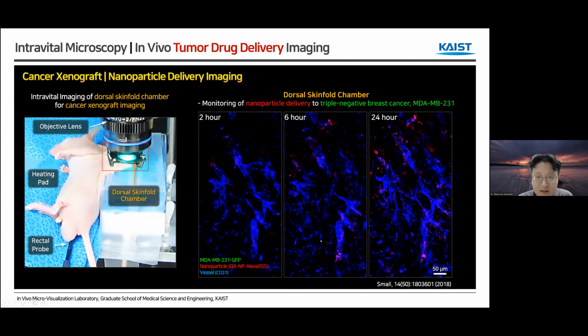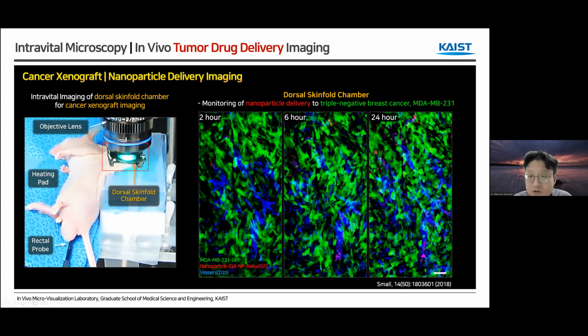And then let me remove the green color here. At 2 hours, we don't see many nanoparticles inside the tumor vessel. At 6 hours, now we can see an increase of the nanoparticle, but they mostly stay inside the vessel. But finally, at 24 hours, we can see even more nanoparticles, and many of these nanoparticles got out of the blood vessel and delivered to the tumor cell.